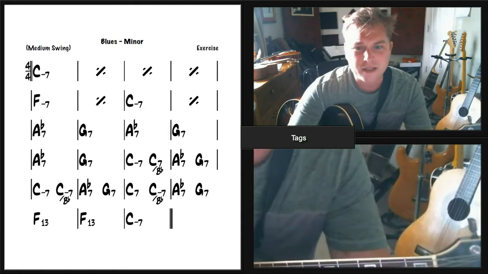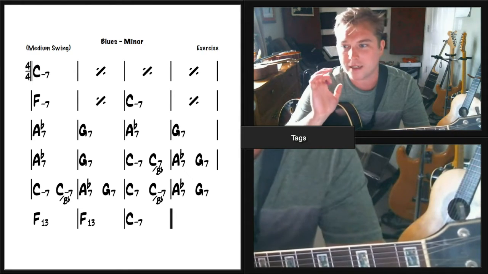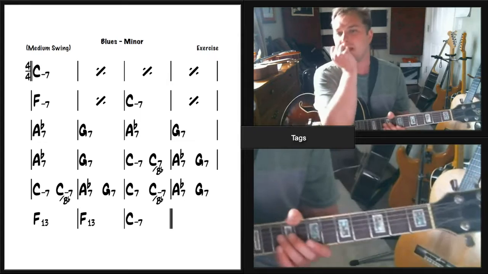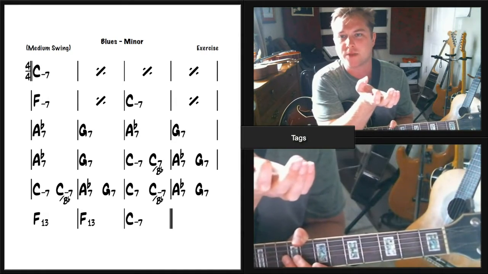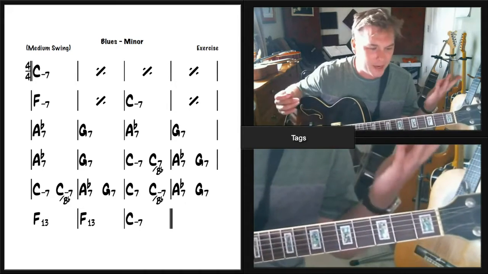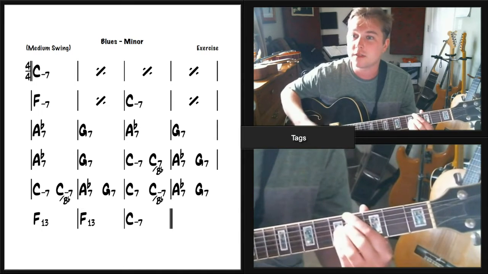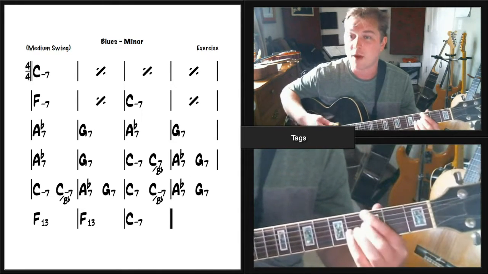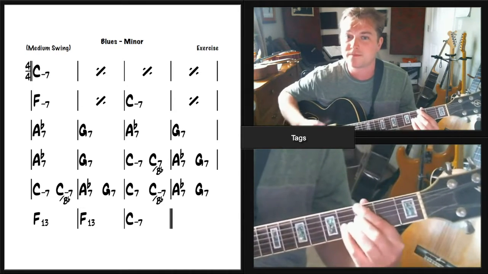Like I said, some of this stuff, just from listening to all kinds of different music, is pretty ingrained in us. But the most natural thing for something like this with a tag is you just want to play the last line, depending on the melody, or really just A flat to G7.